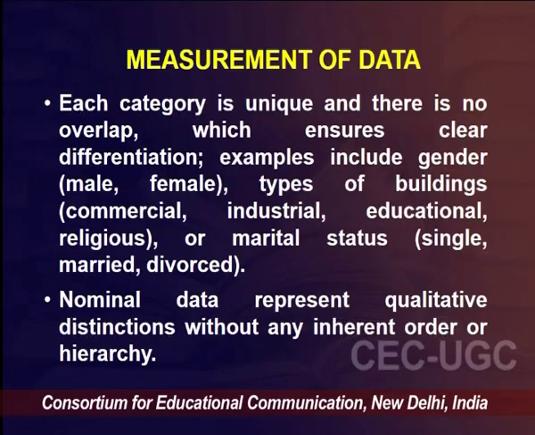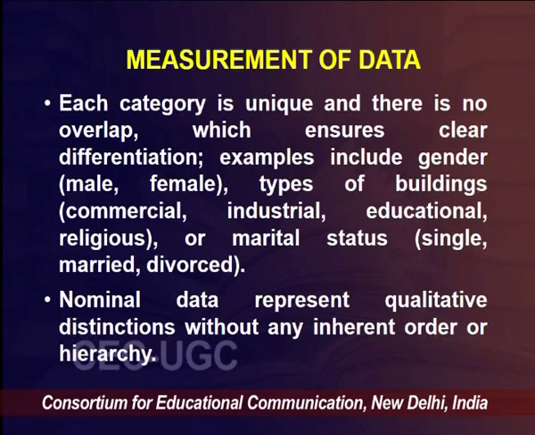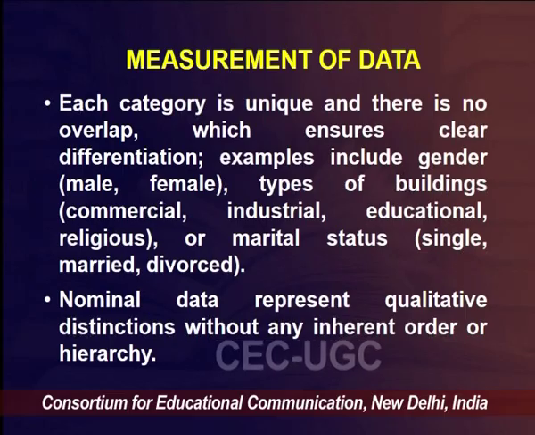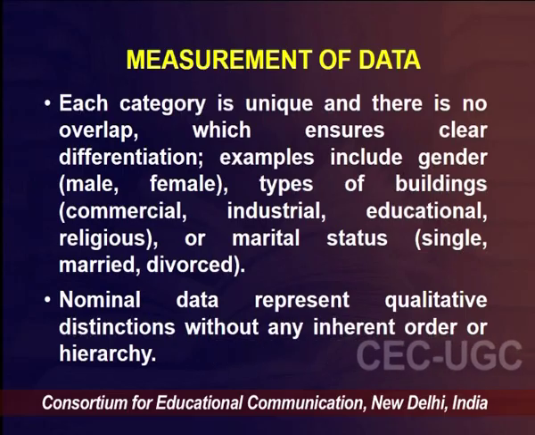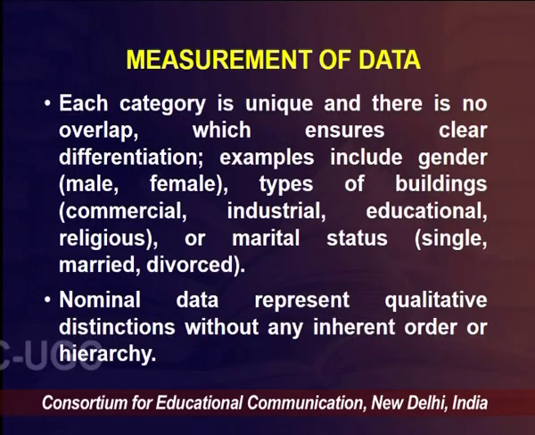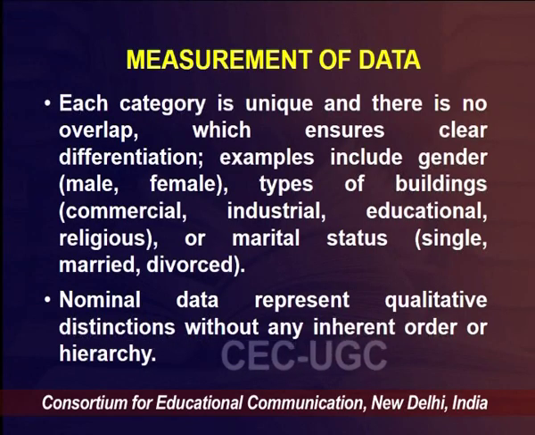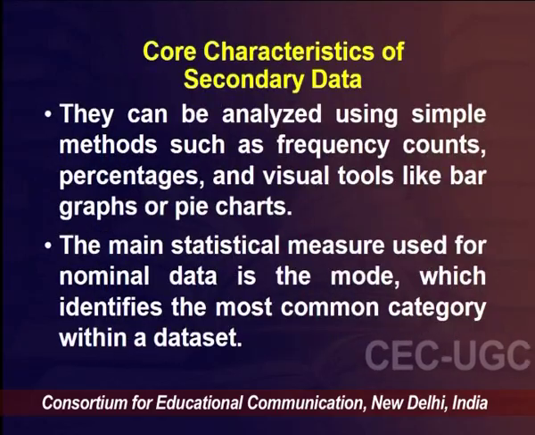Examples include gender, male and female, types of building, commercial, industrial, educational, religious, or marital status, that is single, married, divorced. Nominal data represent qualitative distinction without any inherent order or hierarchy.